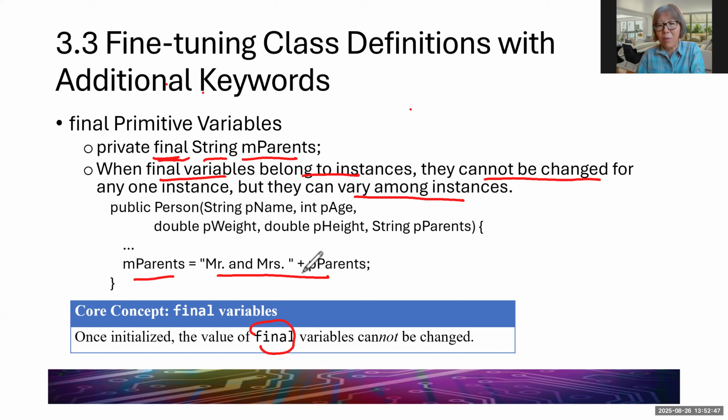So final is kind of like the constant concept in other programming languages that we learned. But later on, we will see there are some subtle differences due to Java's pass by value and those concepts.